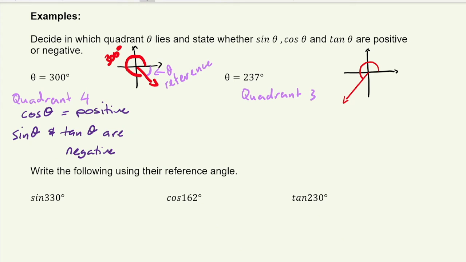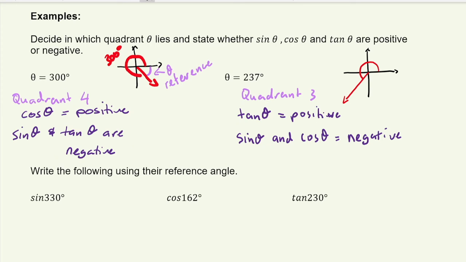Quadrant 3 means that tan theta will be positive because that is the T quadrant for numbers being positive. Sine theta and cos theta will be negative.